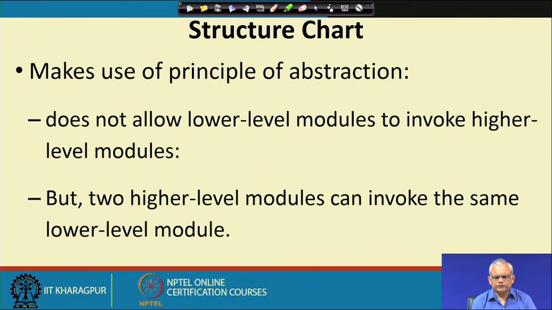The main reason why the lower level modules should not call the higher level modules is because of the principle of abstraction. This we had also discussed earlier: due to the principle of abstraction, at any time we are concerned about only some modules.